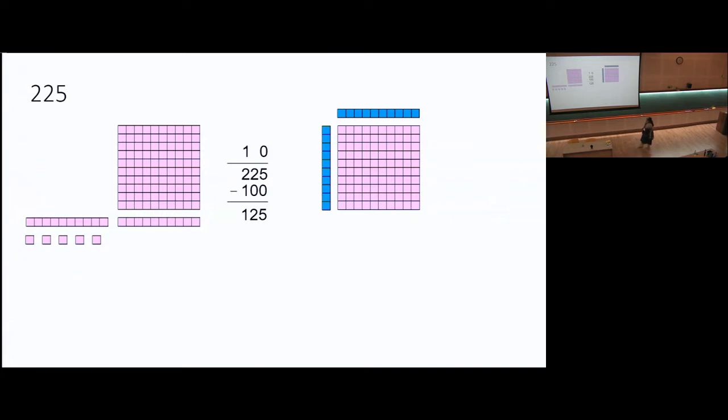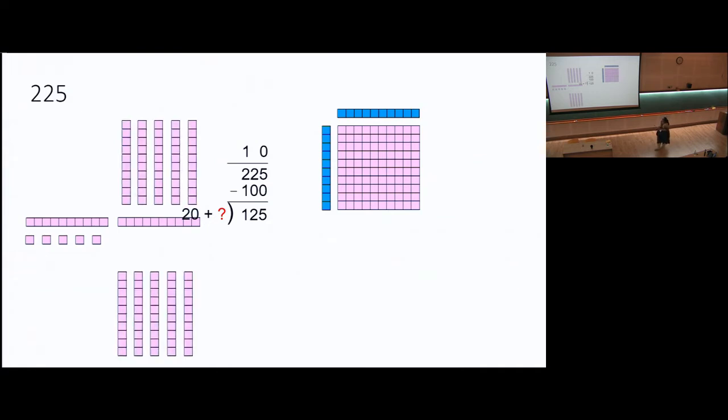So now we are going to put the remaining, and you will see very soon where that 20 plus question mark comes in. So what we have done now is exchange 100 into 10 tens, okay? So let's put one layer.